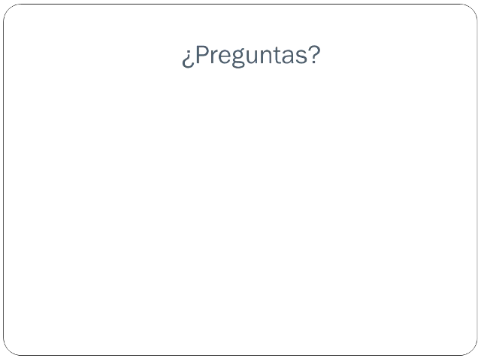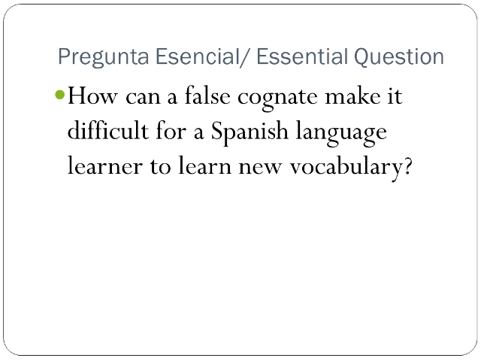Okay, so what I'm going to do now is end the session unless there are any students online through Blackboard who have questions. Oh, essential question. Okay, let me post the essential question again. How can a false cognate make it difficult for a Spanish language learner to learn new vocabulary?